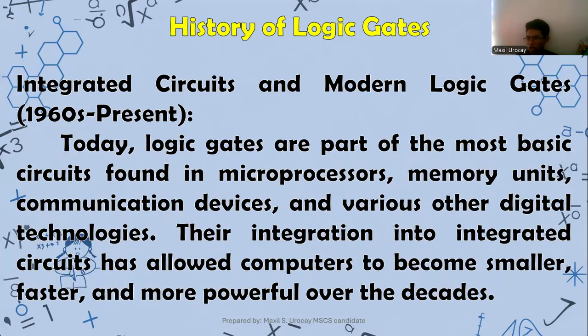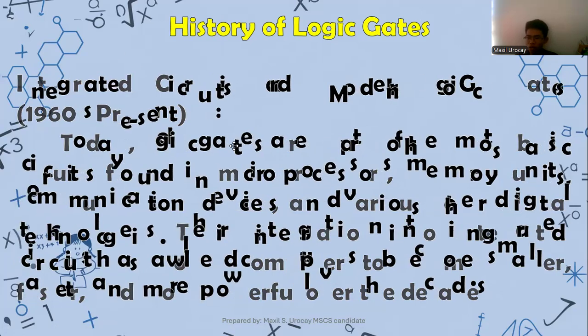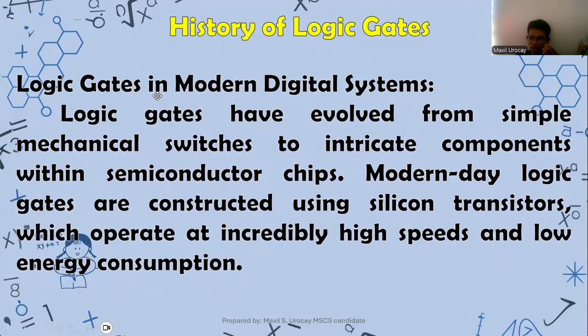Their integration into the integrated circuit has allowed computers to become smaller, faster, and more powerful over the decades. So that means logic gates are now part of modern integrated circuits, used in devices like smartphones or even computers, and that integration made systems smaller and more efficient.